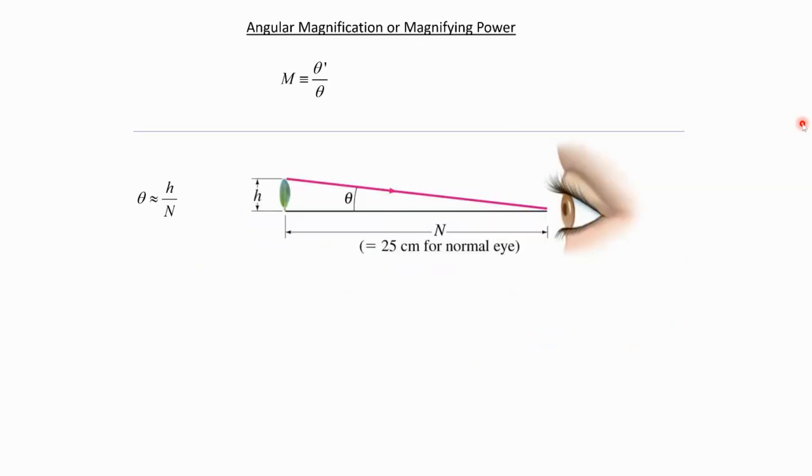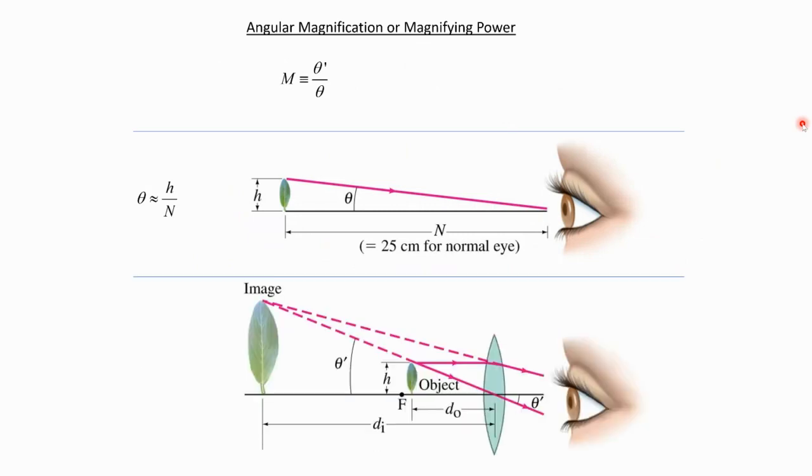All right, so then angular magnification, or magnifying power, is the ratio of these angles. So we had this angle, h over n, for the angle theta. That's looking at the object without the magnifying lens. And then with the magnifying lens, we had the angle theta prime, which was h over the object distance. So we can plug those ratios in up here, like this.